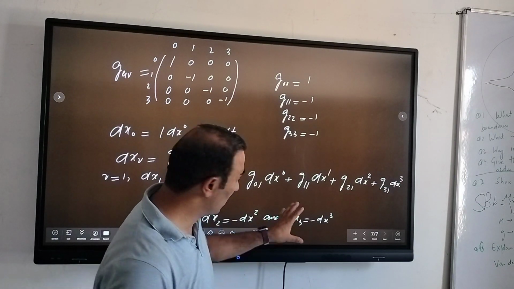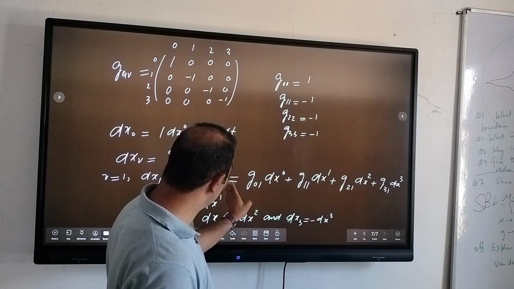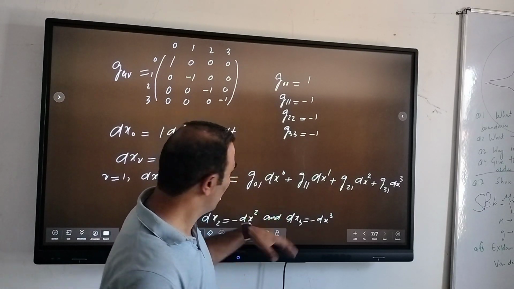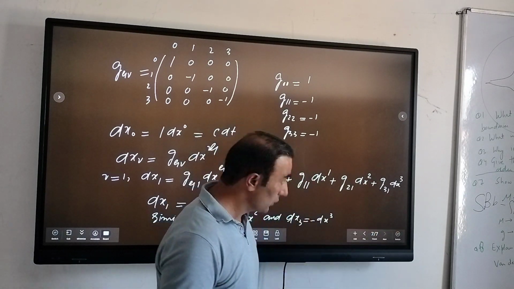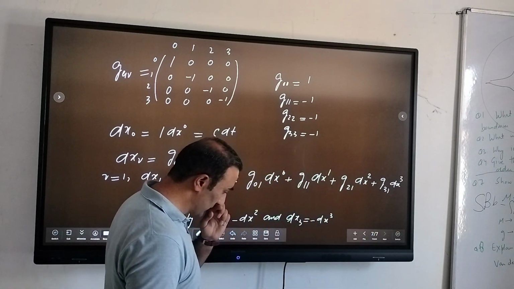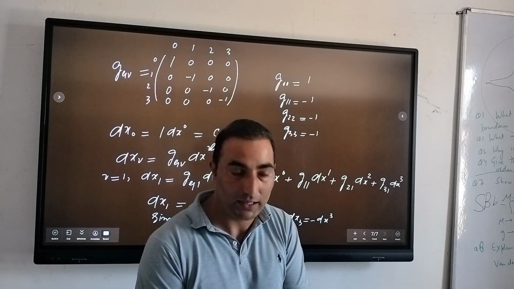So here we have the first component positive, the rest negative. Or if you take its reverse, then this will be negative and the rest will be positive, right? So these are basically the superscript components of this interval for this Minkowski space, right?